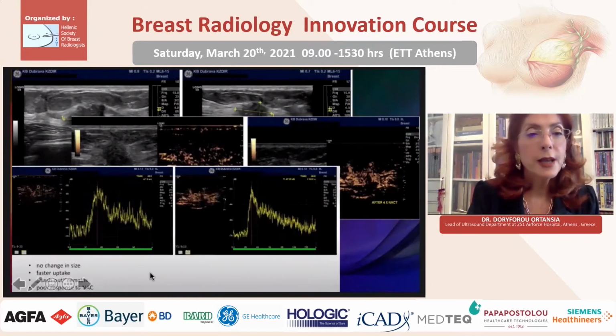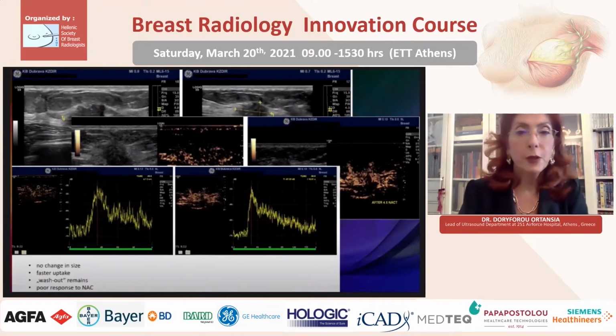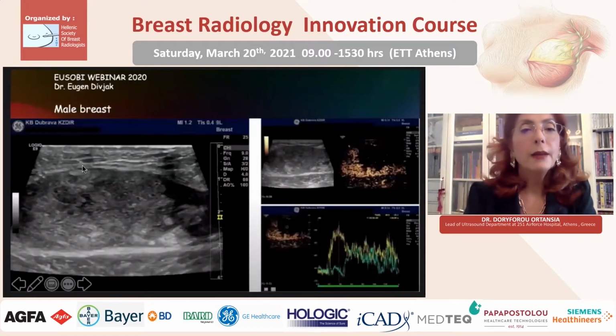No change in size, faster uptake, steeper curve, and there is an indication of poor response to neoadjuvant chemotherapy. Another good example of a gray zone, because hyperenhancement is not always malignancy, and this is a hemangioma.